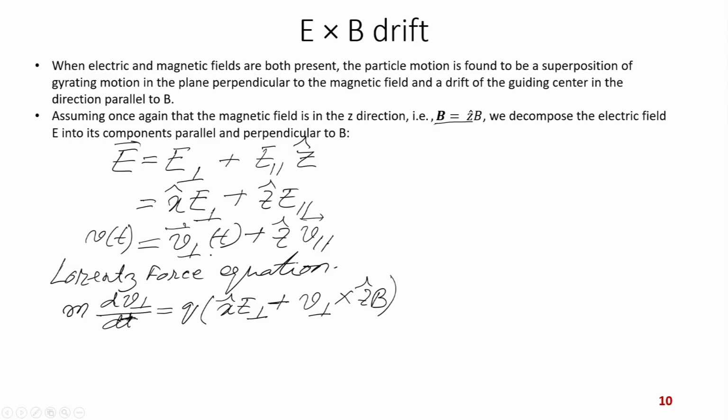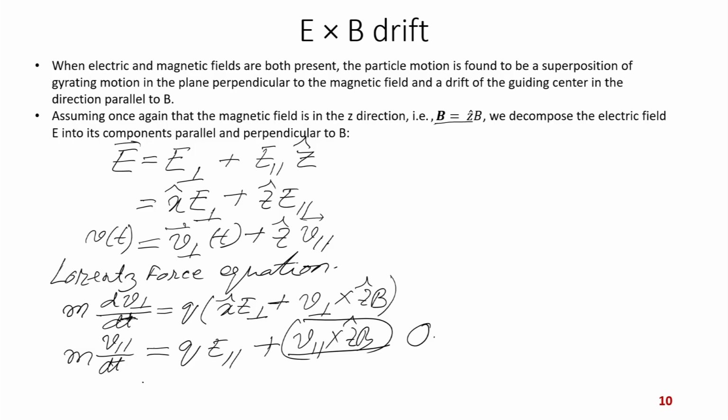We have written for the perpendicular component, and for the parallel component we will write m dv parallel/dt equal to q E parallel. The cross product term is 0 because v parallel cross B in the z direction is 0.